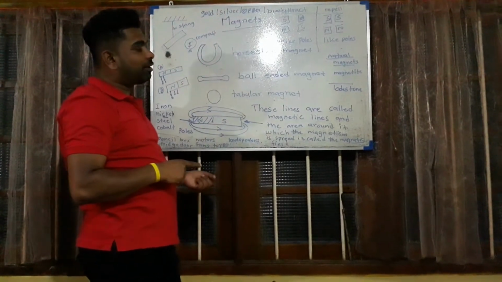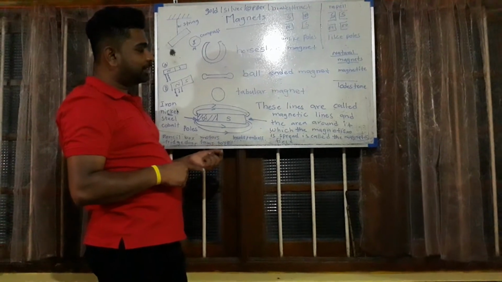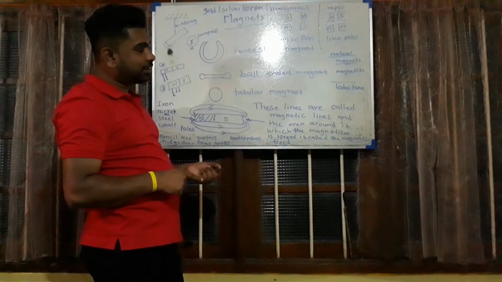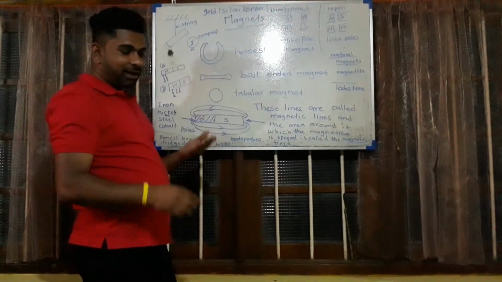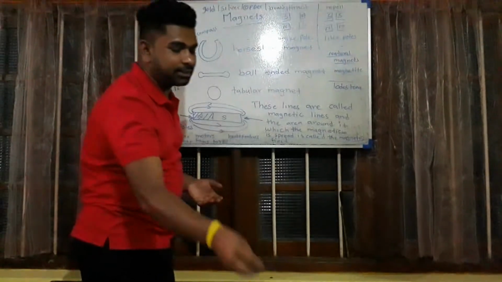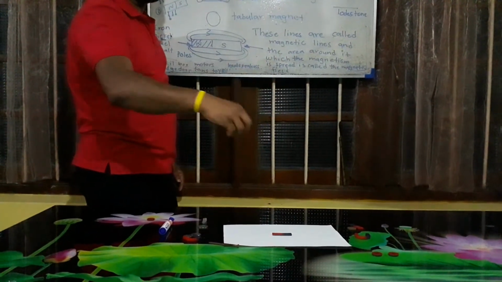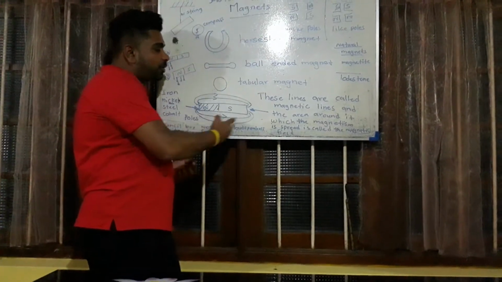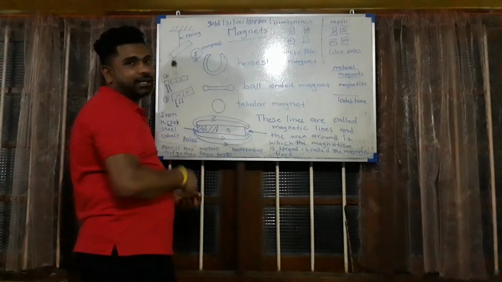These lines are called magnetic lines, and the area around the magnet where the magnetism is spread is called the magnetic field. So if I take a bar magnet and spill iron powder, we can observe these patterns being created.